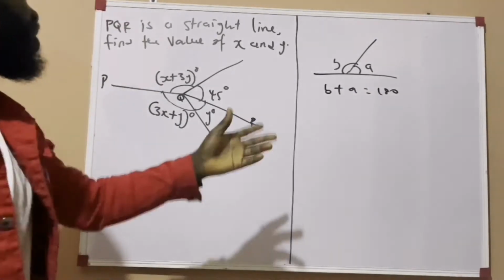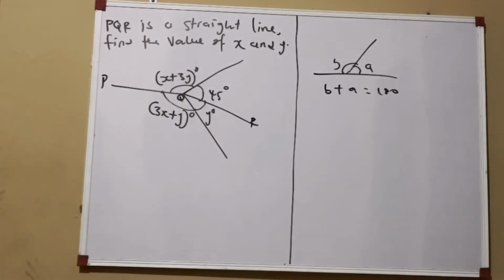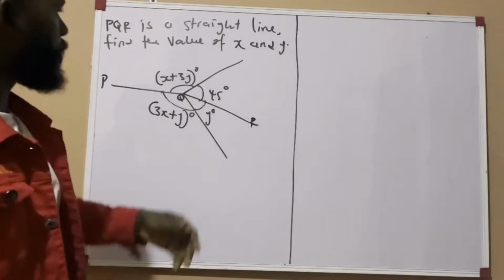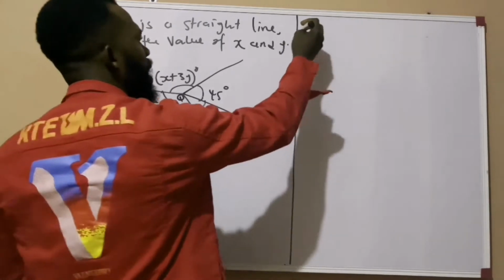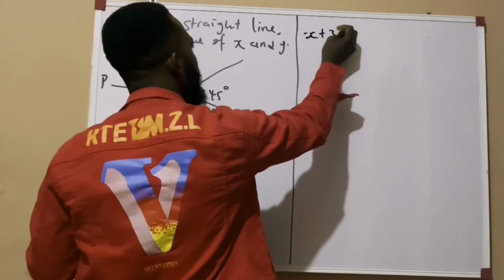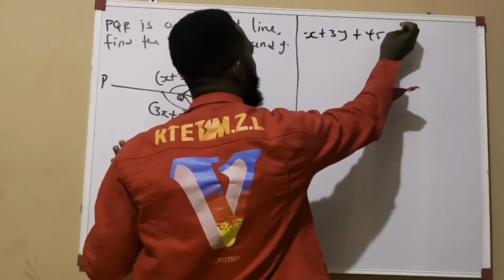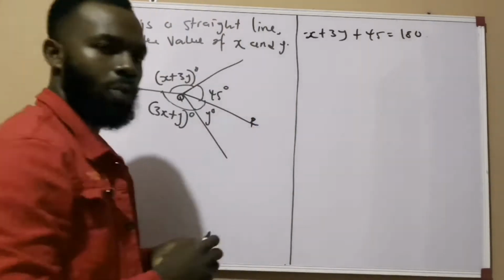So if we apply this theorem to solve this question, we are going to get something like this. The angles formed on top are x plus 3y plus 45. Don't forget, we are equating it to 180 degrees.